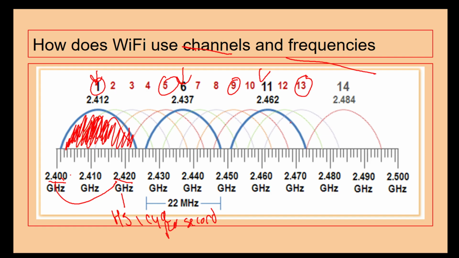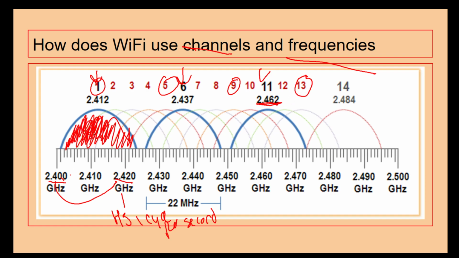The more channels we've got, the greater the frequency range we've got. With mobile phones, you can say, I want you to particularly use channel 11, 2.462 gigahertz. Or you can say to your phone, use channel 1, 6 or 11. Or you can tell your phone to use any channel which has the least amount of data on it.